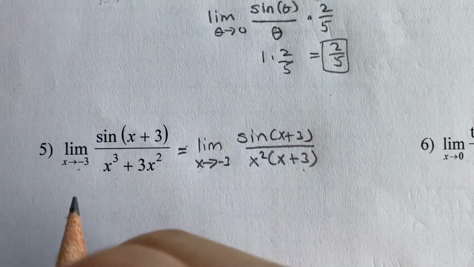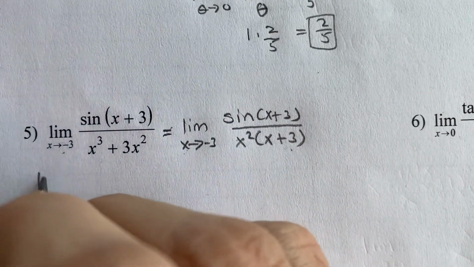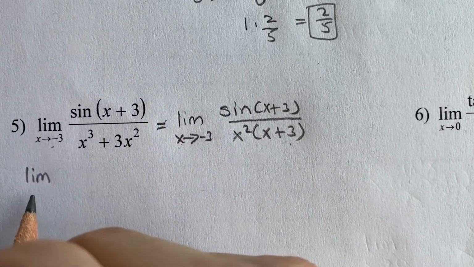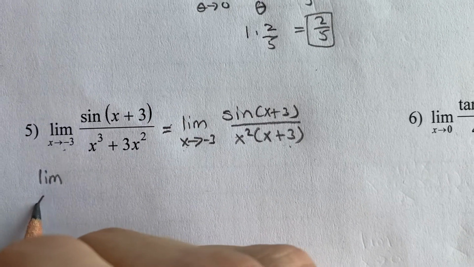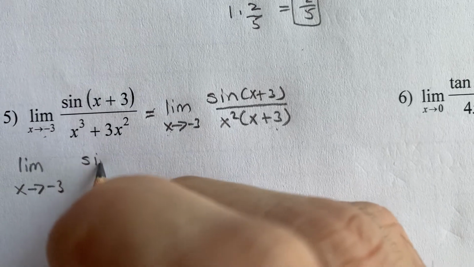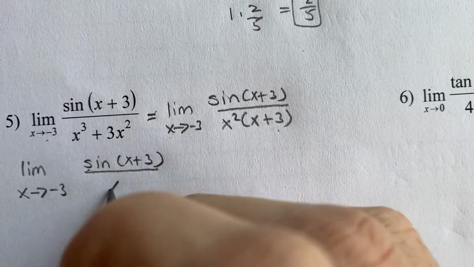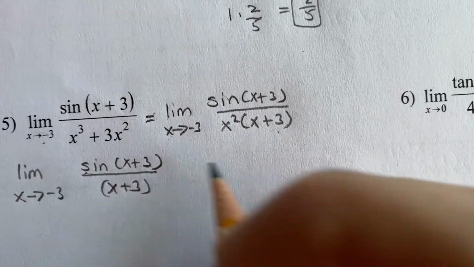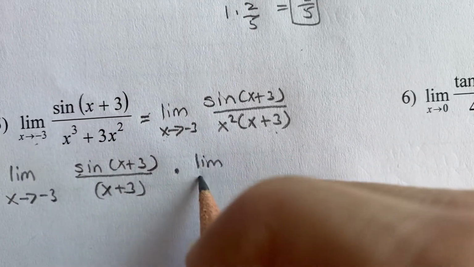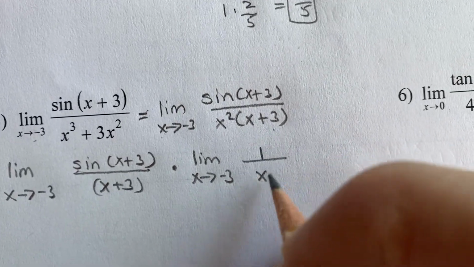But before we do that, let me use my limit product rule. Again, this is the product rule of limits. The limit of the product is the product of the limits. So as x approaches -3, sine of x plus 3 over x plus 3, times the limit as x approaches -3 of 1 over x squared.